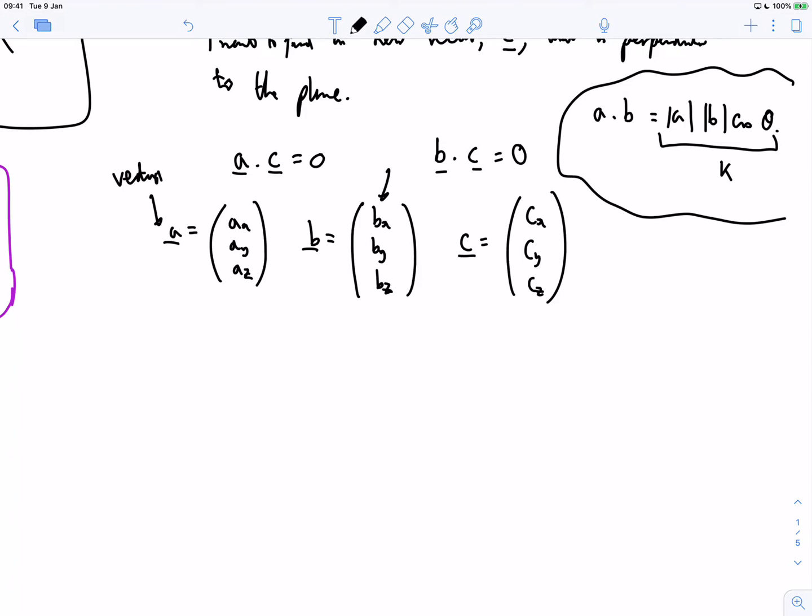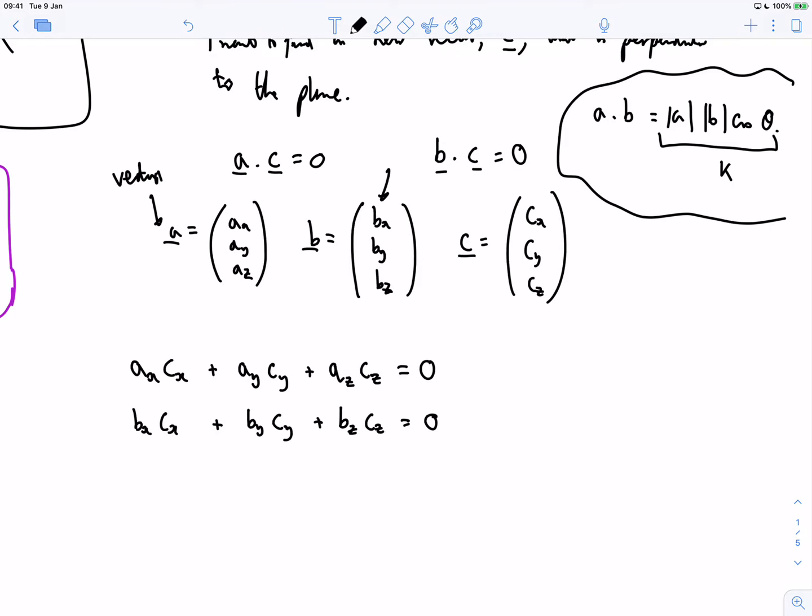Okay, it's an important distinction. Okay, so let's just compute the dot product. So A dot C is going to be AX CX plus AY CY plus AZ CZ, and this equals 0. And similarly, if I do B dot C, it's going to be BX times CX plus BY times CY plus BZ times CZ.